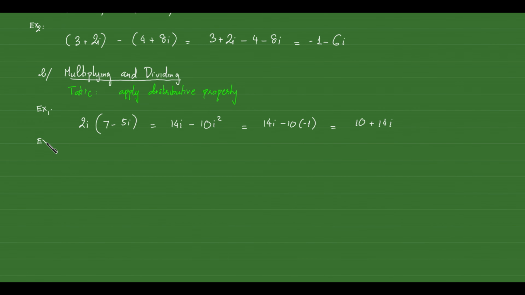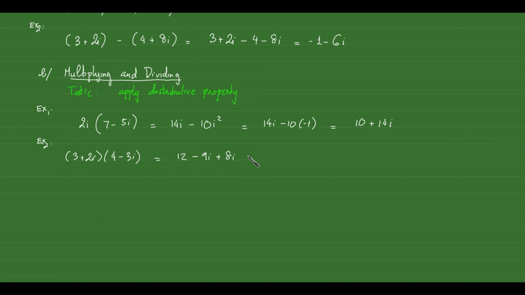How about example 2? What if I have a complex number like 3 plus 2i, and I want to multiply by 4 minus 3i? I'm going to start distributing again. 3 times 4 gives you 12. 3 times negative 3i gives negative 9i. 2i times 4 gives you 8i.